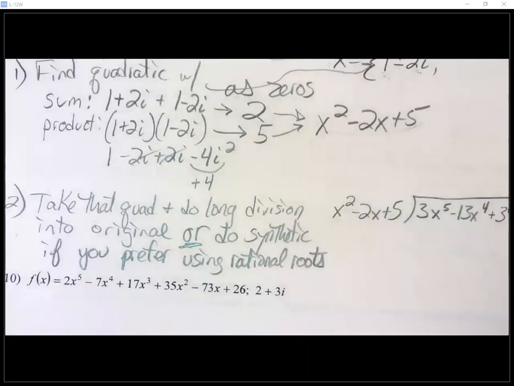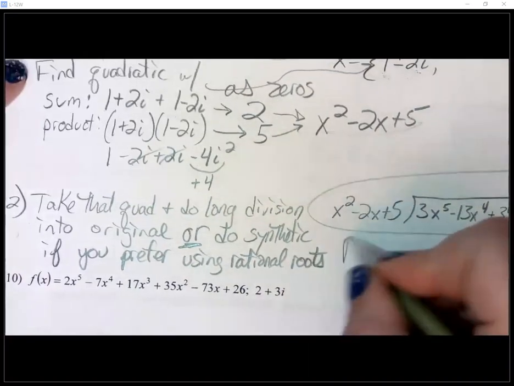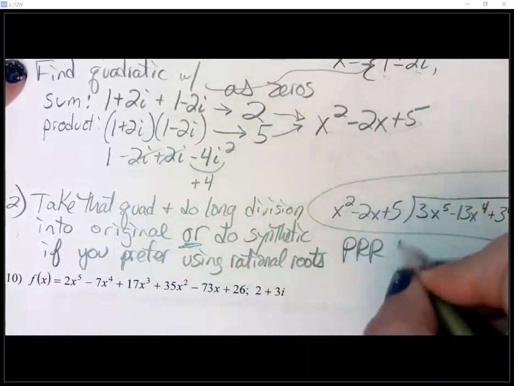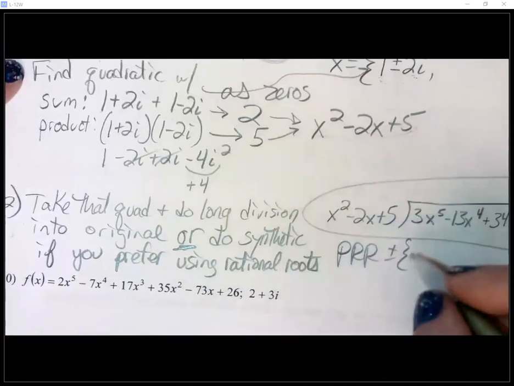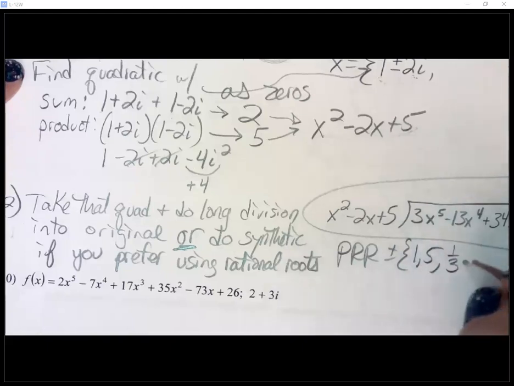Yes. All right, so we're gonna vote for option 2. So my list of possible rational roots is not even that long. It's just gonna be positive, negative, 1, 5, 1/3, and 5/3.